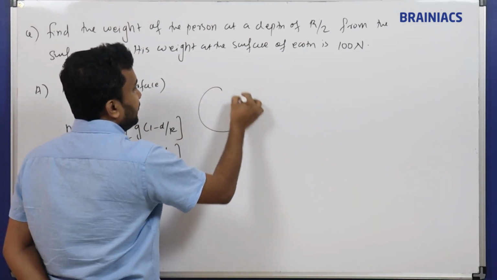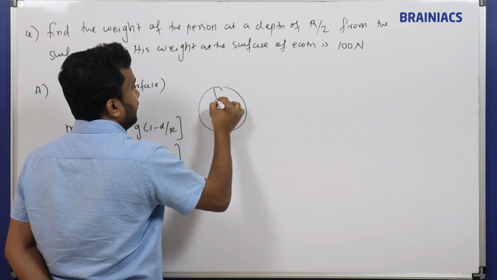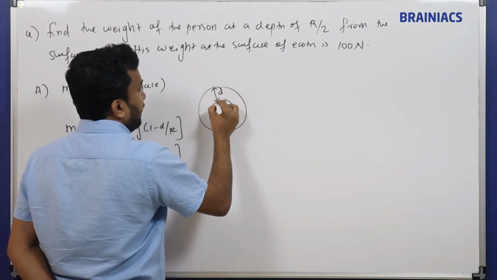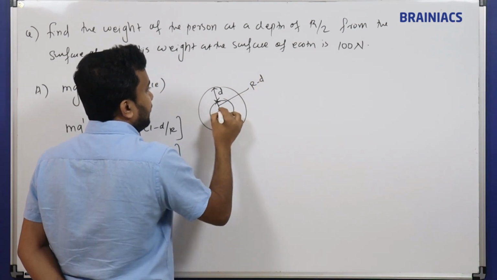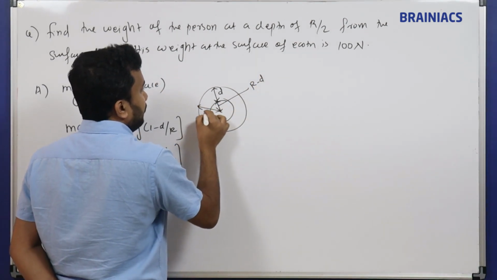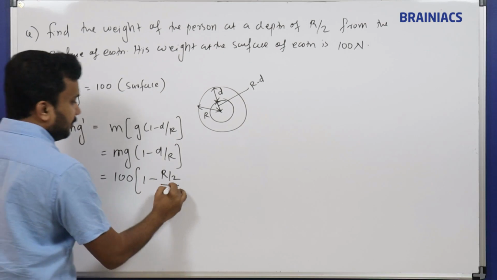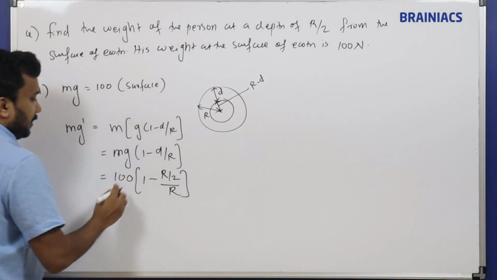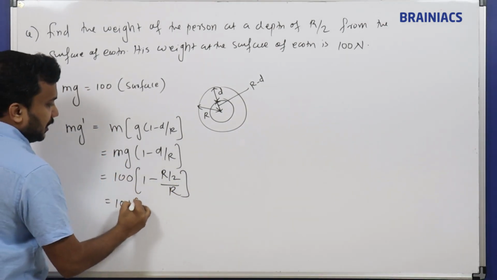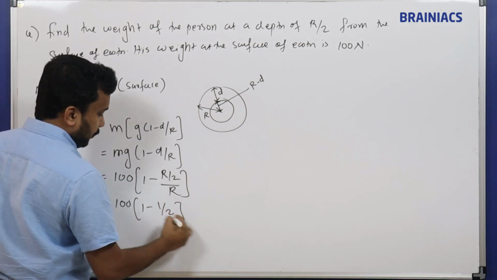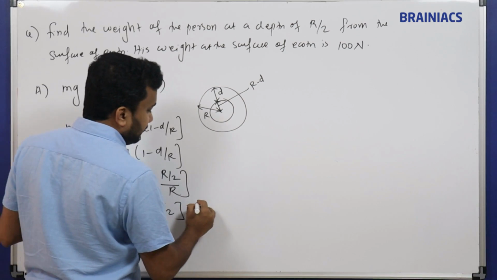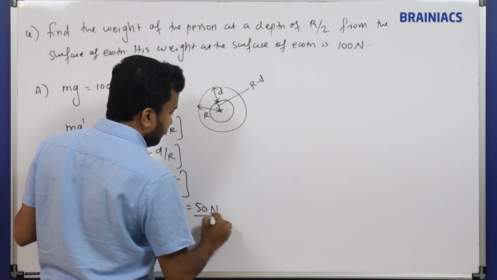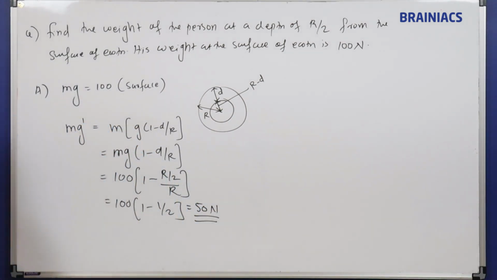On the earth's surface, this depth is called d, and the distance from the center is R minus d. Total radius is R. So divided by R, R will get cancelled. So 100 into 1 minus 1 by 2. 1 minus 1 by 2 is 1 by 2. 1 by 2 into 100 is 50. So its weight is 50 Newton.